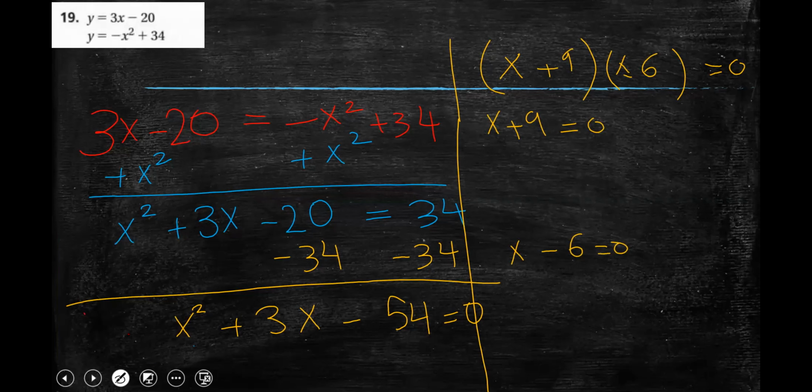So the two values of x could be negative 9 and 6. It means the opposite. Negative 9 and positive 6. x minus 6, so x is 6.